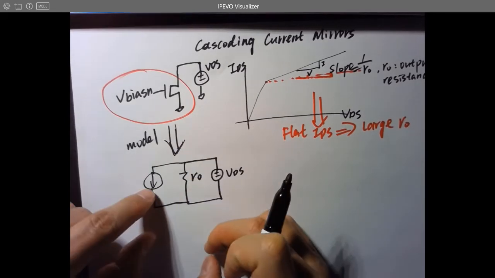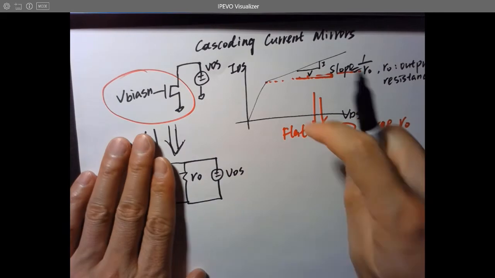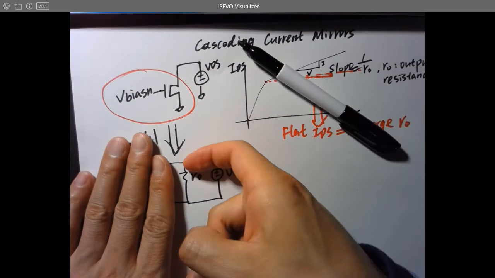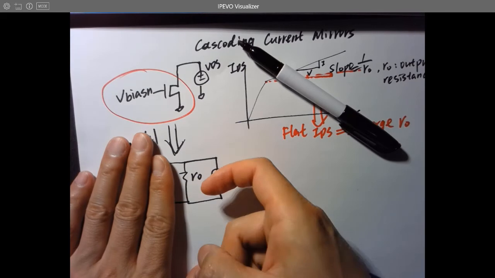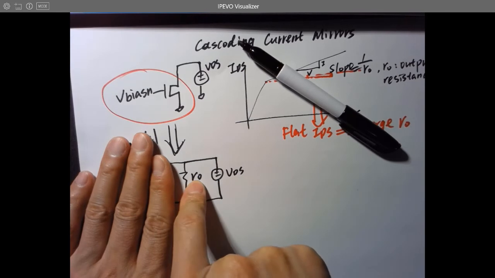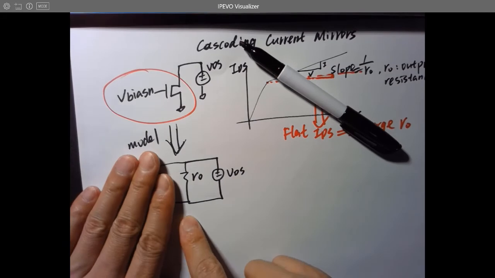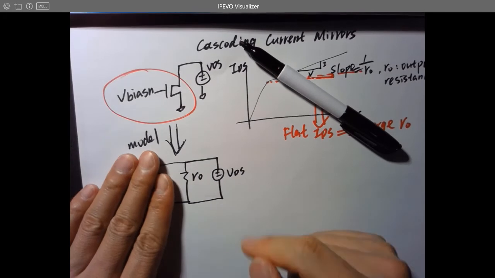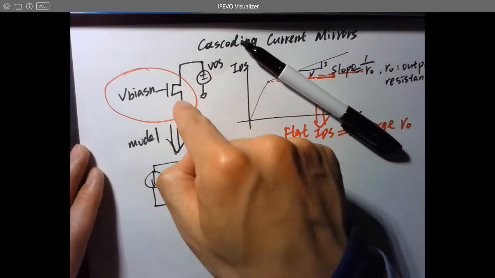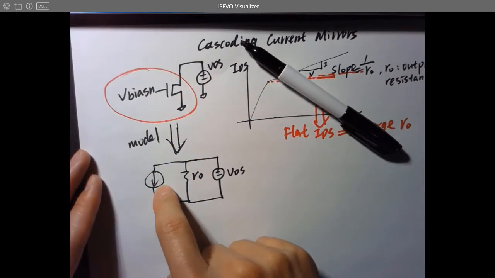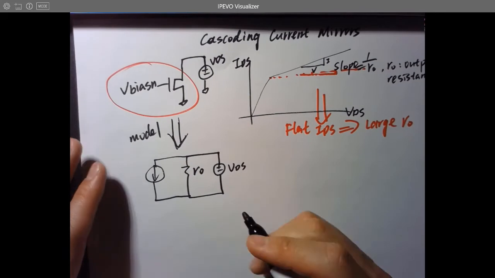Because the current source can be considered as a disconnected circuit, the only resistor connected to the circuit afterwards will be the output resistance. And if you put this current source in series with resistance, when you disconnect the current source, you disconnect everything. So this is how you model this current source: the current source has an output resistance in parallel with it. This is not an ideal current source.